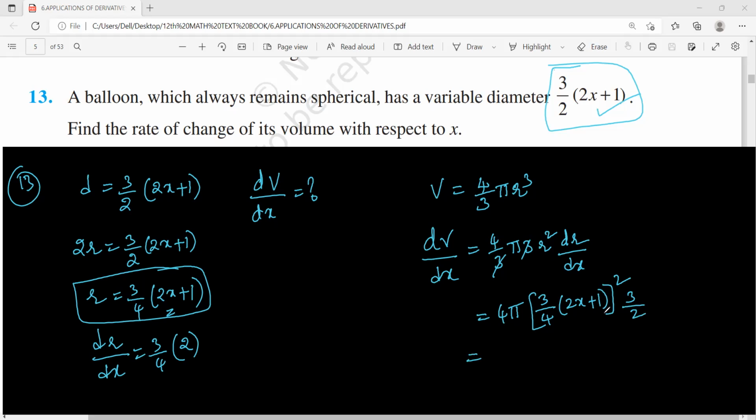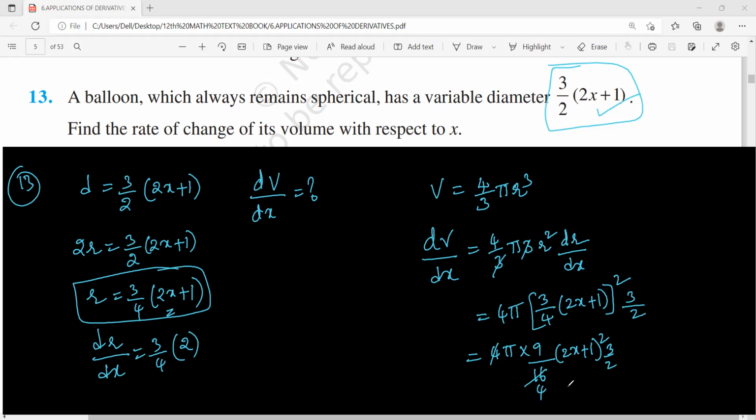So you can cut this one, 4 gets cut. 4 pi, is it not cube? Okay, never mind. That cube only became square. So this is 9/16 into 2x plus 1 whole square into 3/2. Whatever comes, this is 4 fourths.